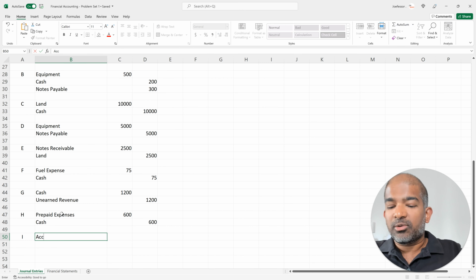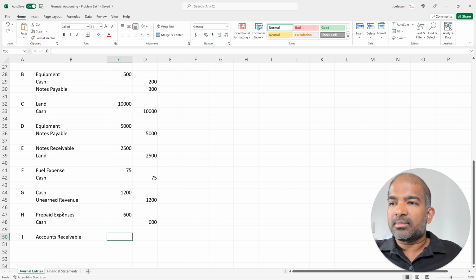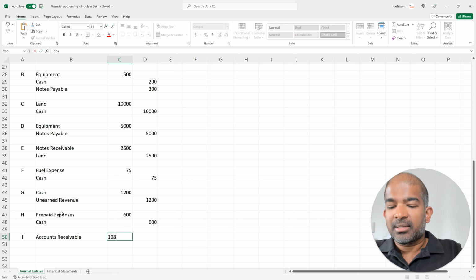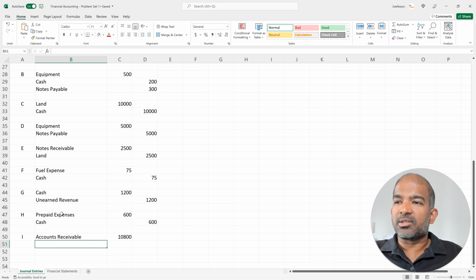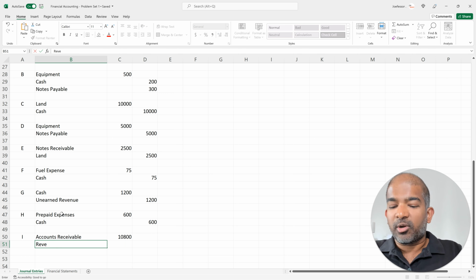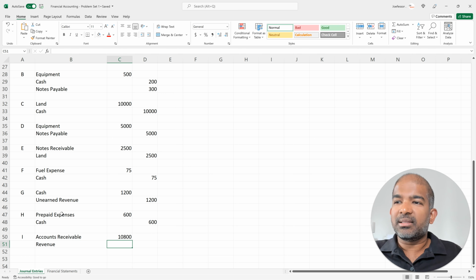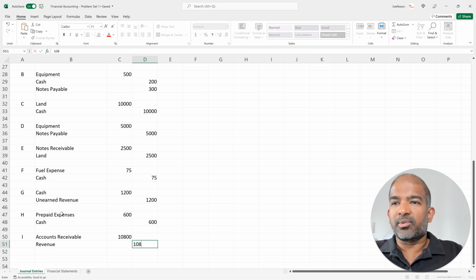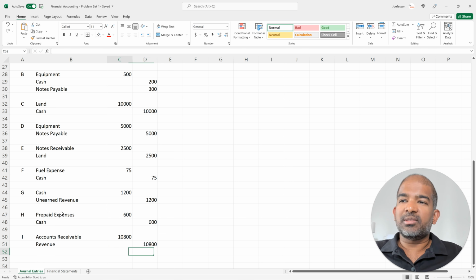So we have an accounts receivable of $10,800 because we provided these services to this firm for which they will pay us later. Because we've already provided them the services this month, it becomes our revenue. We've earned this revenue because we've provided them these services.